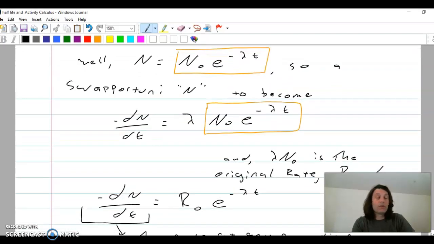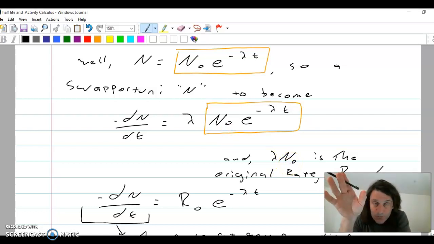So where that N naught is where that N is what we plug in. Lambda N naught. What do you know about lambda N naught? Well, lambda N is how active something is, the rate at which it decays. So what's the difference if it's lambda N or lambda N naught?